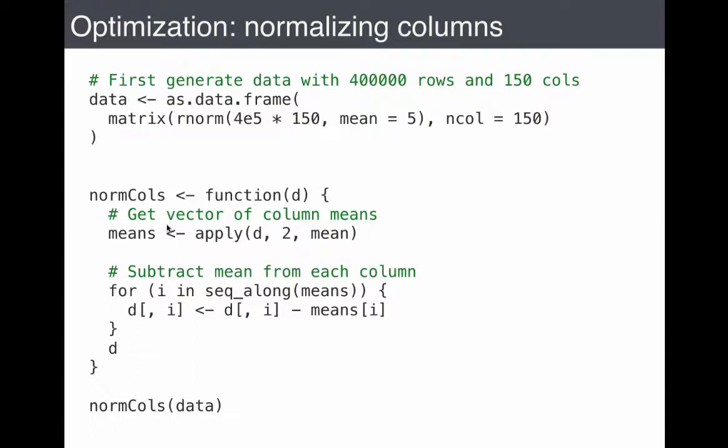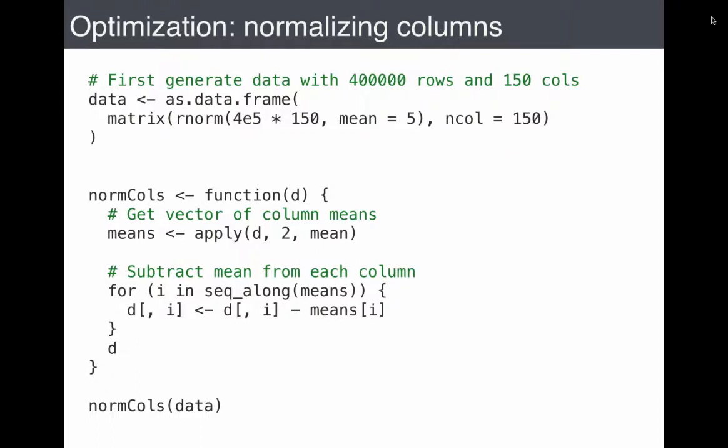I've got this function norm_cols, and what it does is it takes the mean of every column by using the apply function like this, and then it subtracts the mean that I've calculated from each column, and then it returns the resulting data frame. This is just my first pass attempt at normalizing these columns. Then after I define this function, I would call norm_cols on the data that I've generated. Okay, so let's try that.